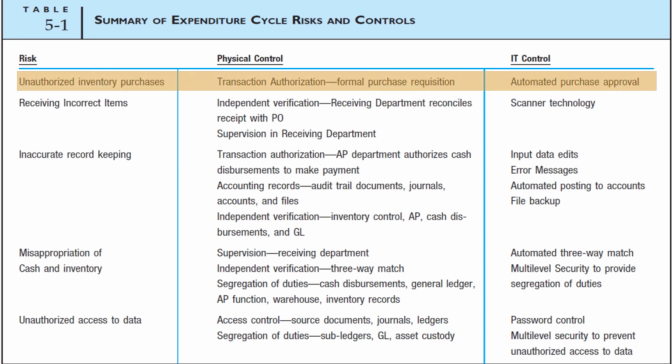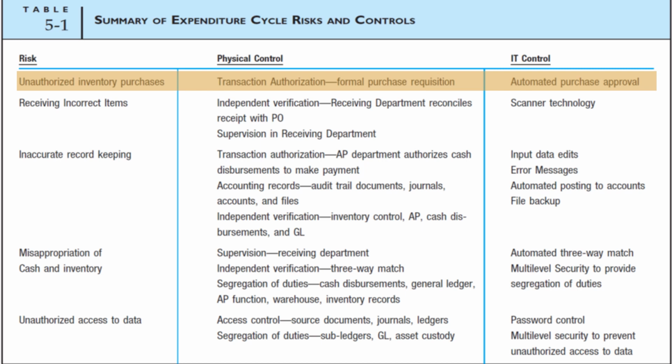So the first risk is unauthorized inventory purchase. In the physical control, we should have transaction authorization, a formal purchase requisition. We should have authorization of the form to order, to process what we call the purchase requisition.